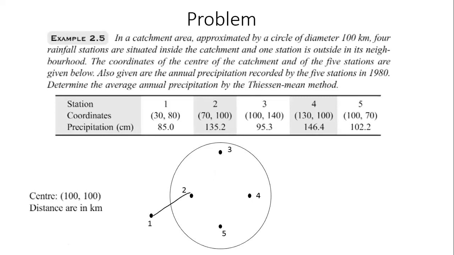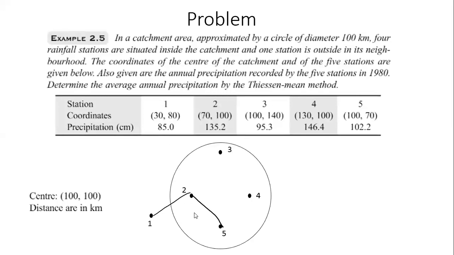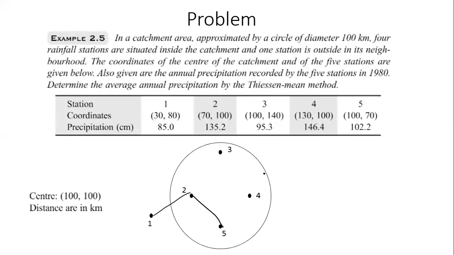Just assume it's a good straight line. So I first draw triangles. Similarly I draw. Just assume it's a good triangle. So first I draw these triangles like this.